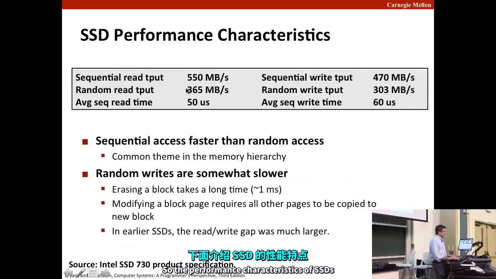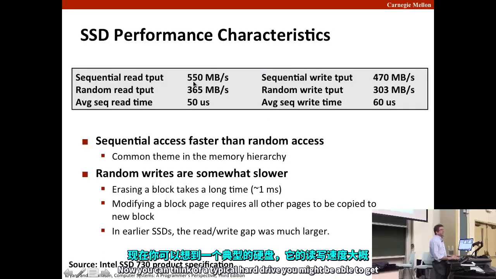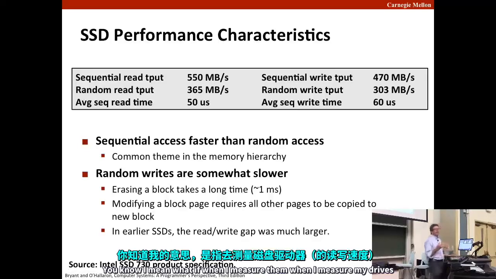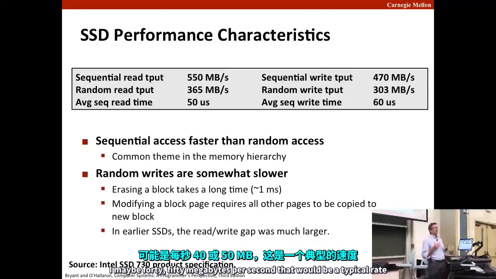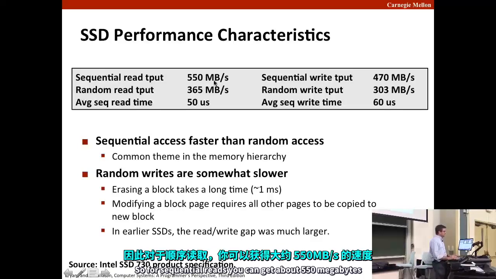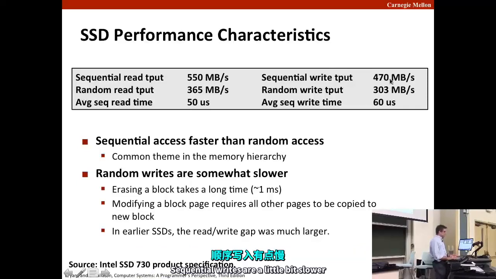So the performance characteristics of SSDs: you can think of a typical hard drive, when I measure my drives, maybe 40, 50 megabytes per second, that would be a typical rate. Okay, these SSDs are 10 times faster than that. So for sequential reads, you can get about 550 megabytes per second. Sequential writes are a little bit slower.